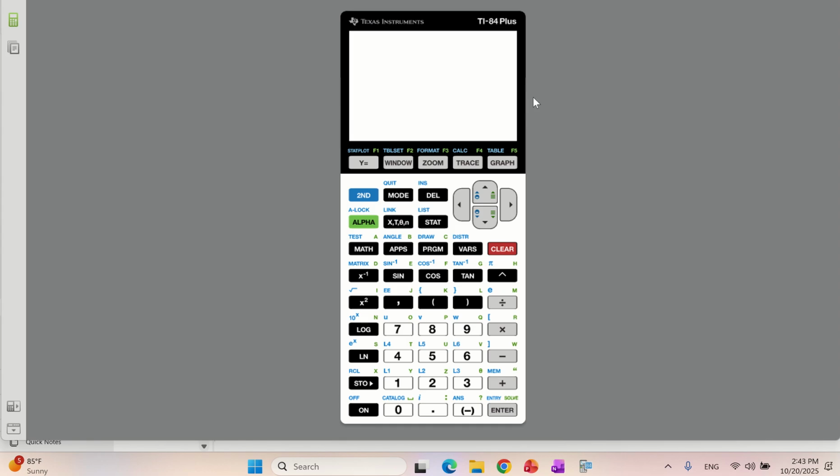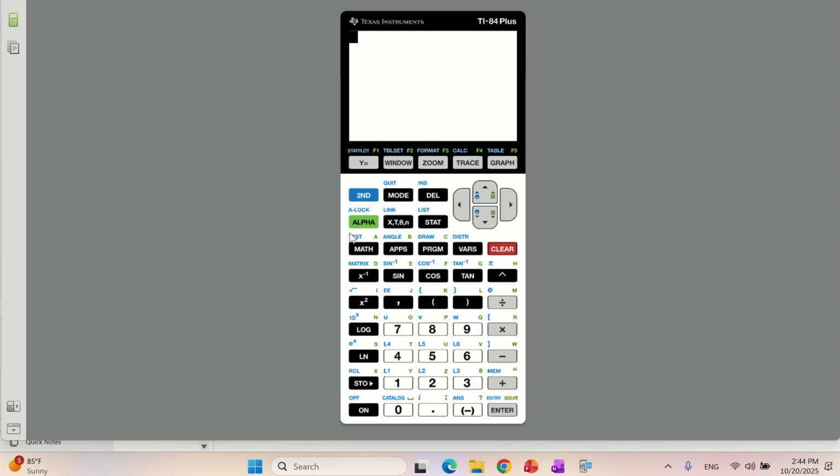Remember that if you don't have access to a TI-84 and you don't have the software right now, you can use the app called Calc 84, something like that, and you can download that on your Android or your iPhone, and you can have the same kind of setup here. It's not going to look exactly like this, but you're going to have the same key layout and everything. So it's going to be very similar. So I highly suggest doing that.